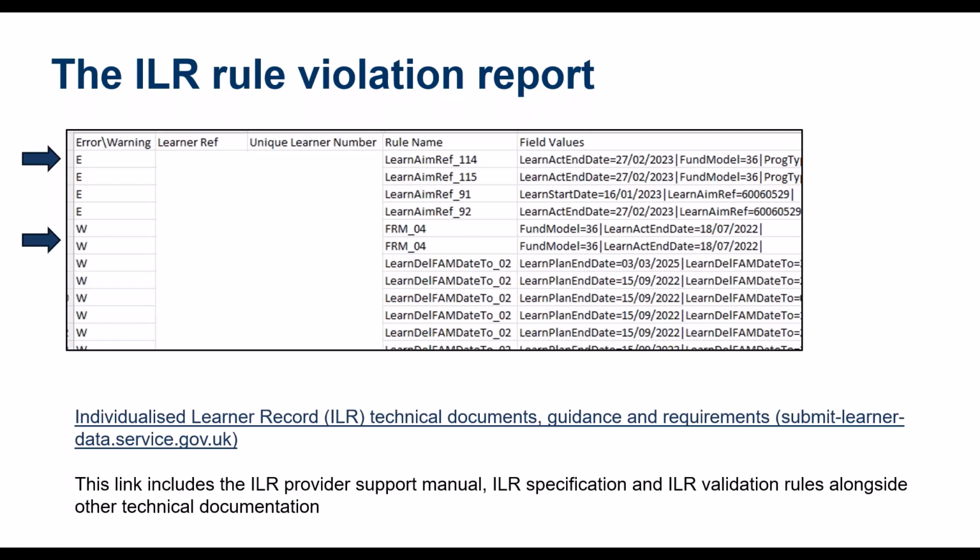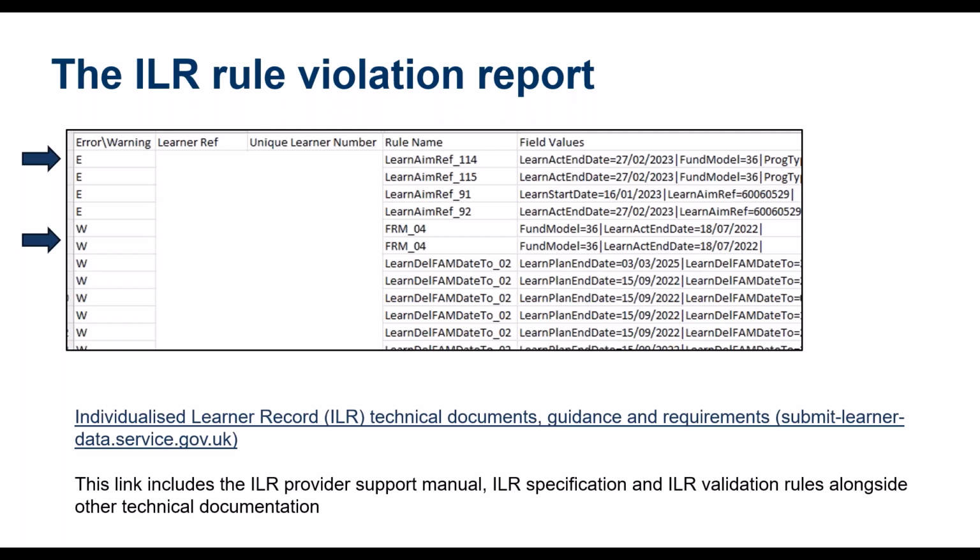If you look at the first learner of the report on the left-hand side, column A, the column headed error stroke warning. Any learners appearing in this column with an E will not appear on the corresponding Apps Indicative Earnings report, and no earnings will be generated.